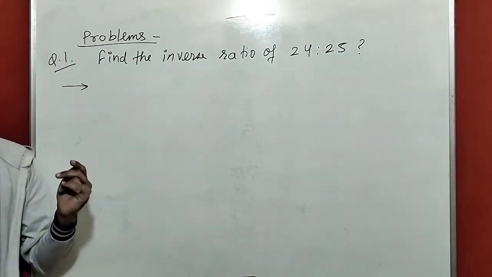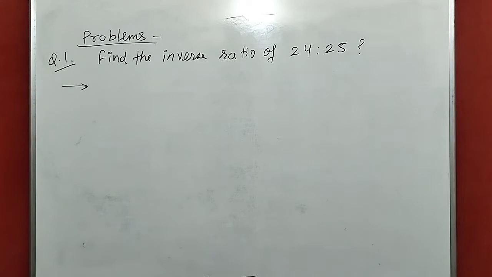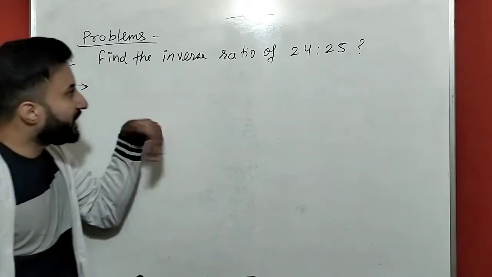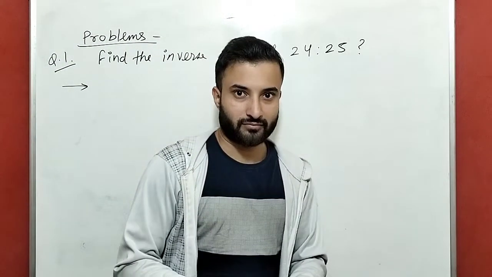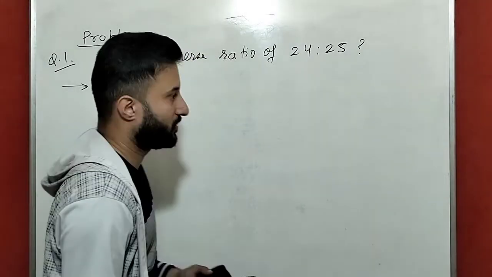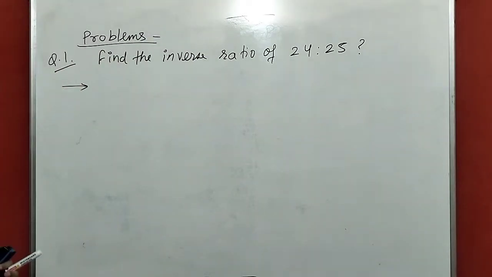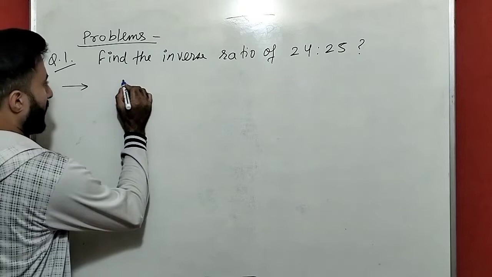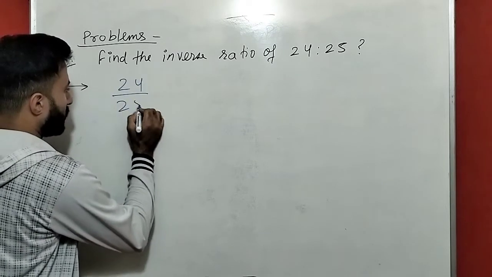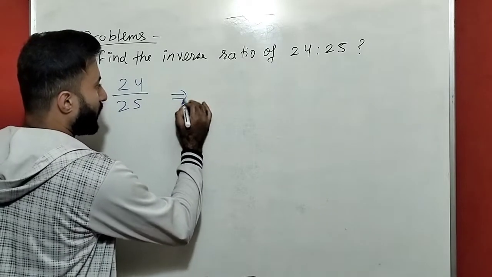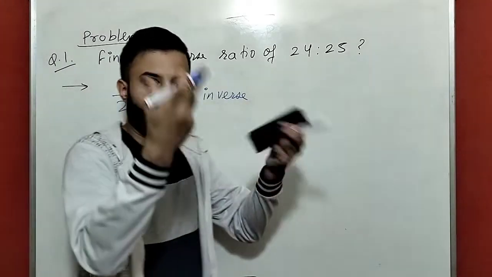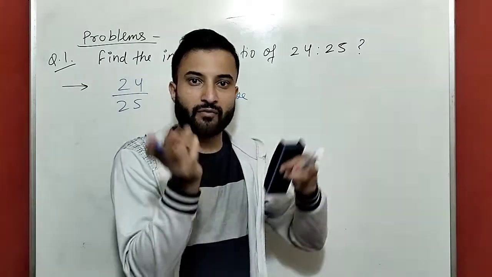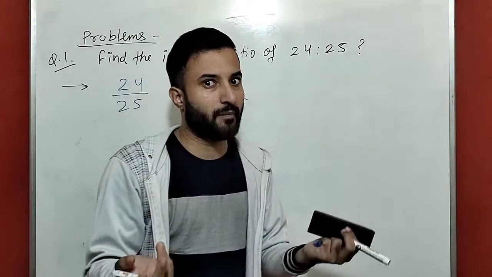The inverse ratio is nothing but what you have to do is you have to invert. Inverse means ulta, reciprocal. So the inverse ratio of 24:25 is nothing but the reciprocal. That means the numerator will become the denominator, and the denominator will become the numerator.